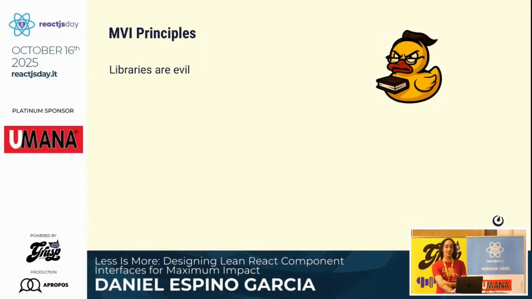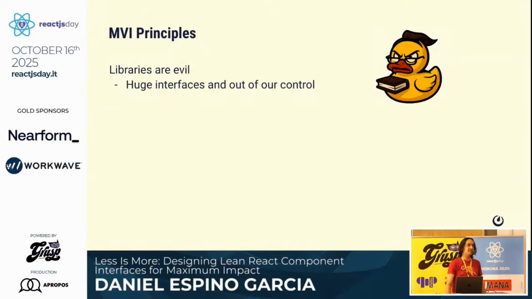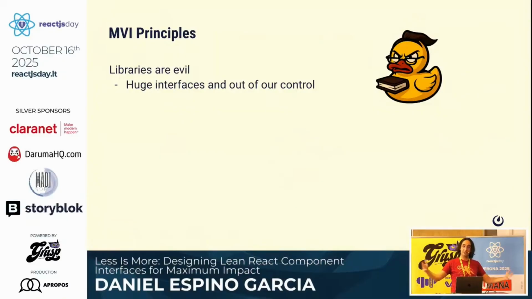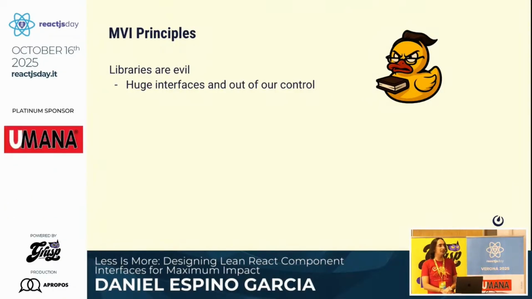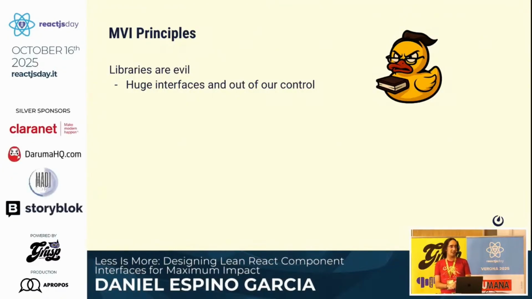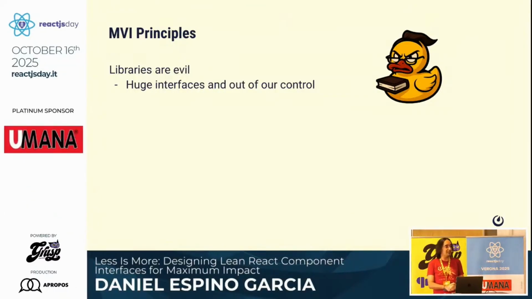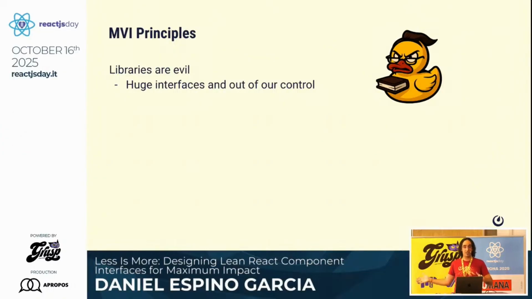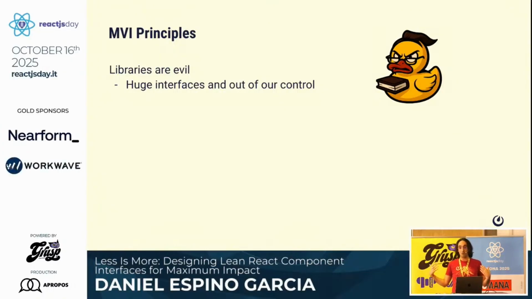And let's go with libraries are evil. The problem with libraries is that they expose a huge interface because libraries are intended to have a big interface, and they are completely out of your control. Because tomorrow, they decide that they are not going to maintain that library anymore, or there's a critical security issue in the library, or the library doesn't completely satisfy you anymore and you want to change to something more modern.